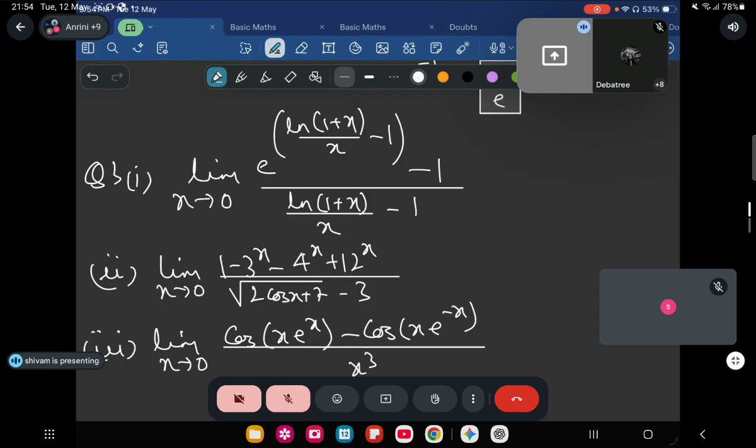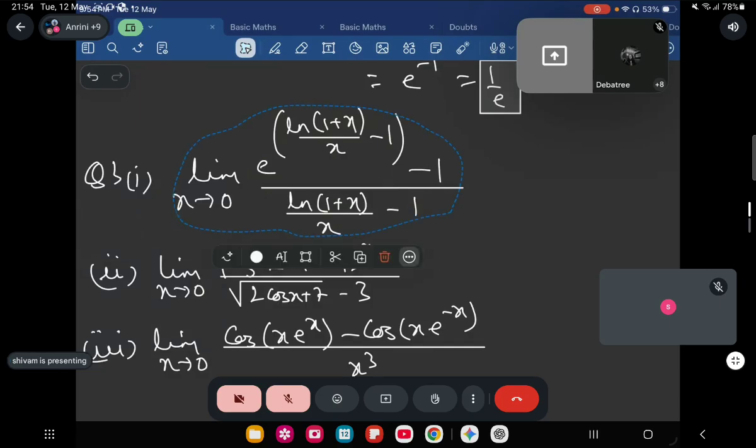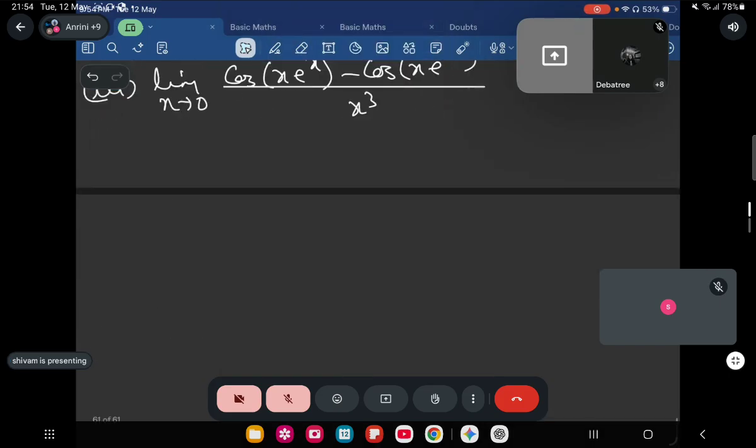See, everyone, identify the form. It is looking like e to the power theta minus 1 upon theta. Just you have to check whether theta tends to 0 or not. See, ln(1 plus x) by x will be equal to 1, and 1 minus 1 is 0 only. So the argument tends to 0. So what will be the value of this expression?